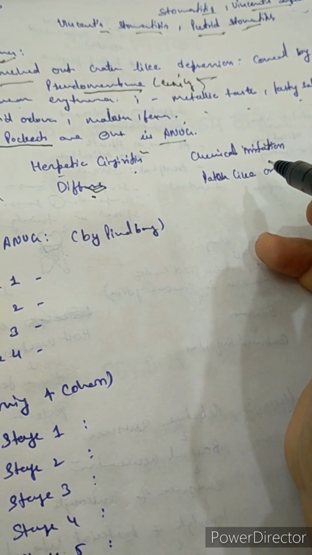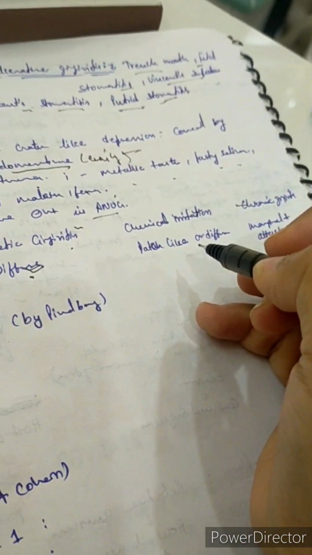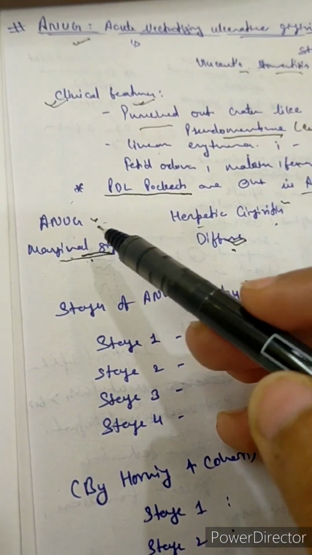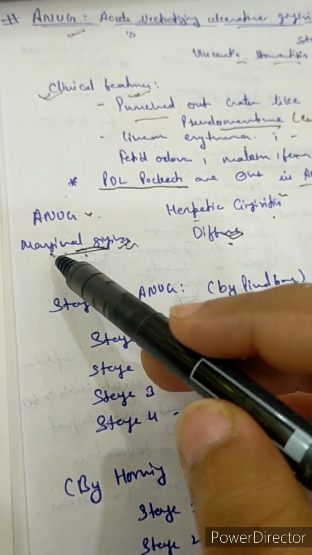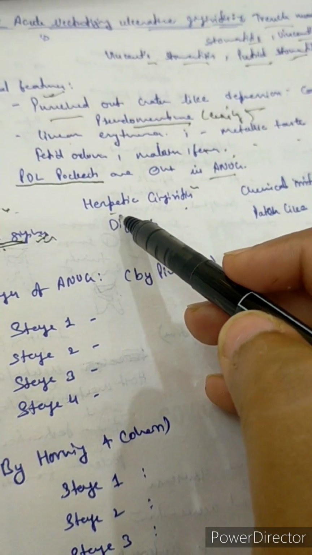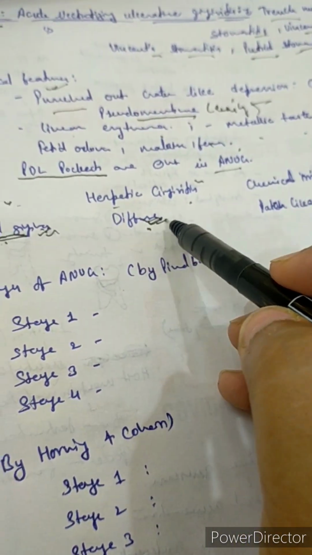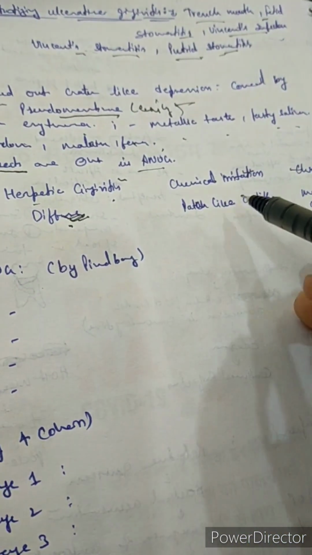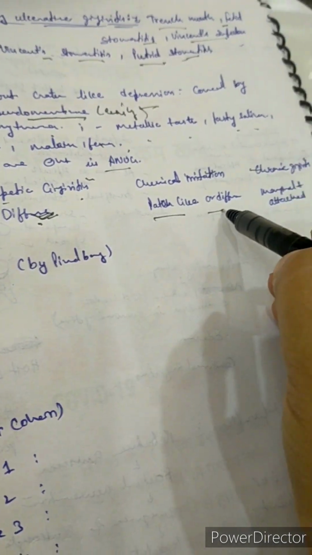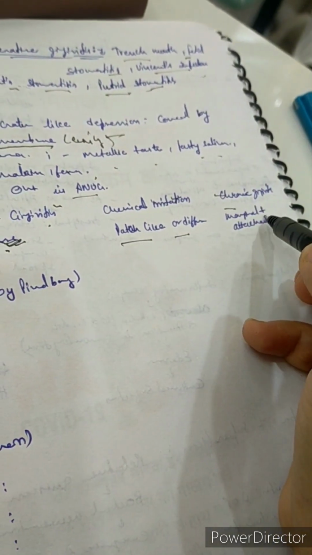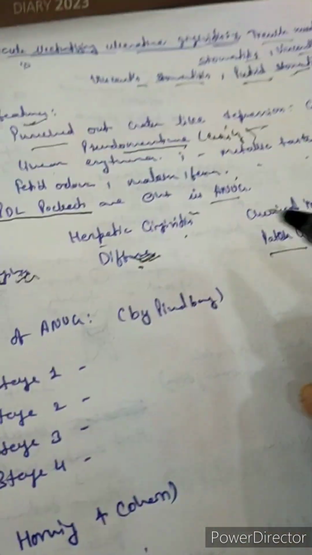Now the chemical irritation, patch like. So we are talking about where you can see the erythema. In ANUG you are going to see it in the marginal gingiva. In herpetic gingivitis you are going to see diffuse erythema. In chemical irritation you are going to see patch like or diffuse, and in chronic gingivitis you are going to see it in both the marginal and the attached gingiva. So these are the places where you are going to see the erythema.